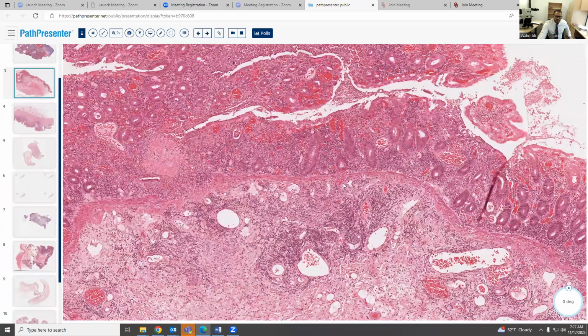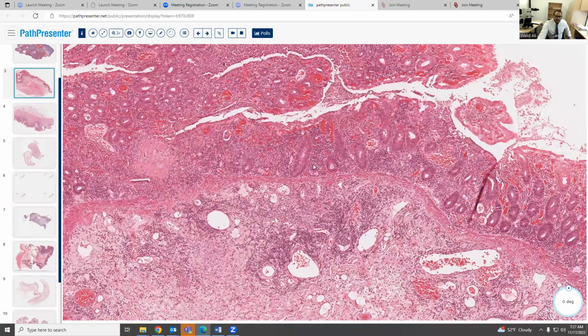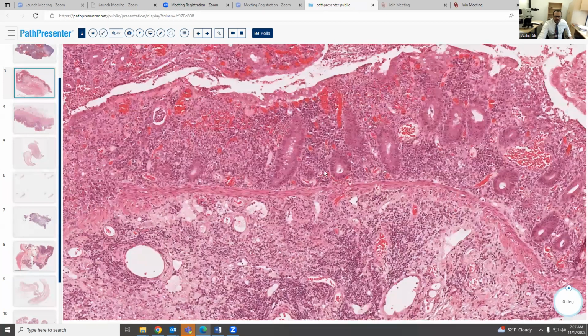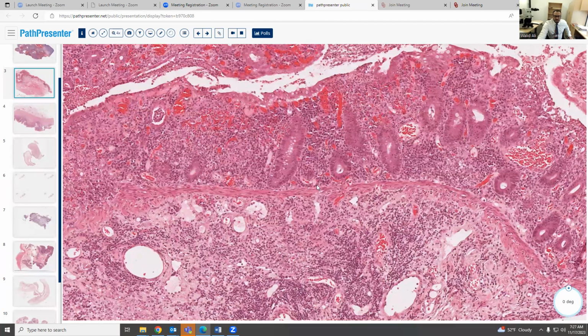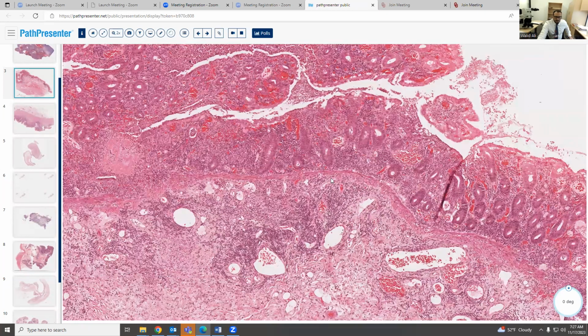Another feature of chronicity is lymphoplasmacytosis, and this usually happens between the muscularis mucosa and lamina propria. There is an abundance of lymphocytes and plasma cells, and it pushes the muscularis mucosa down.